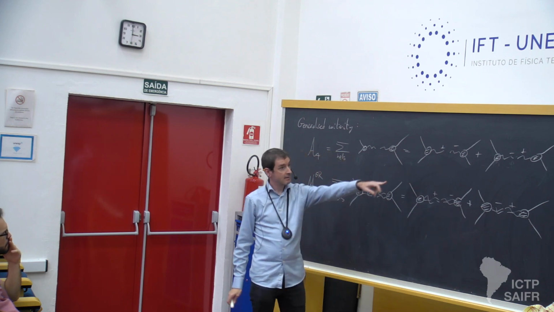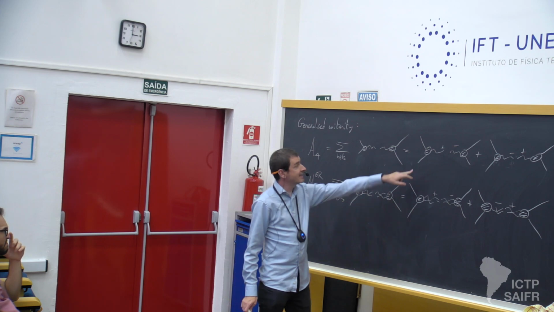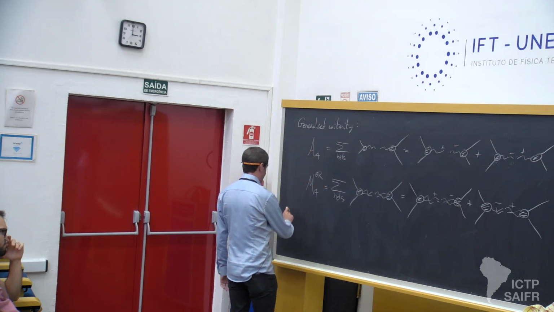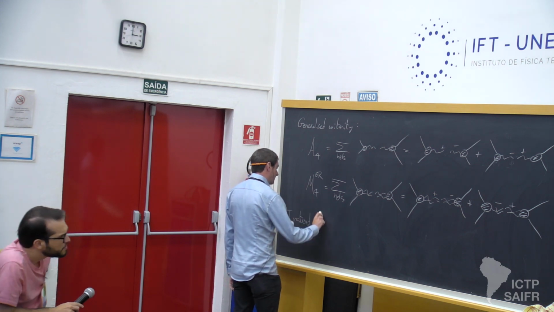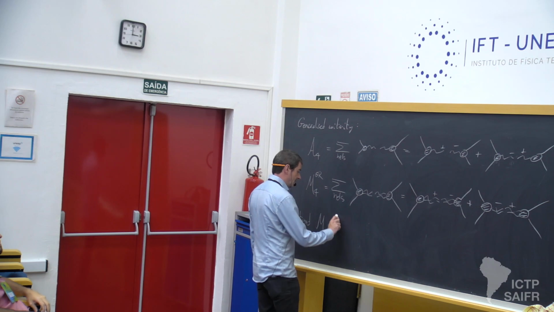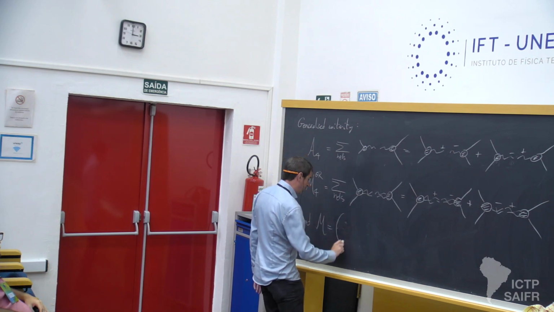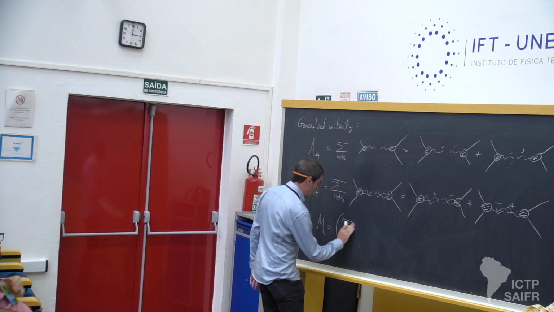What I did in this double copy is I squared this term, right? Instead, let's write it like this.